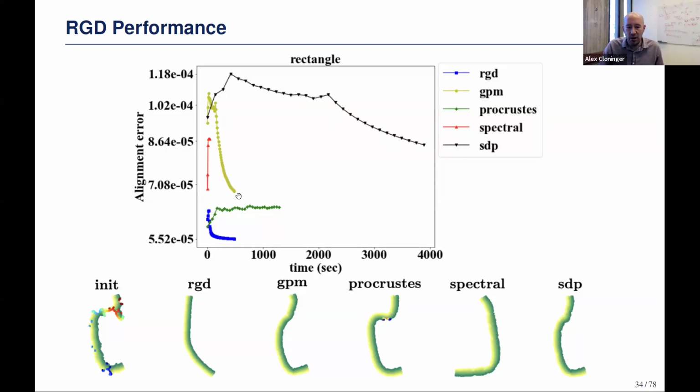Global pursuits goes fast, but it doesn't get you great alignment. Spectral initialization is great, but doesn't get you to the minimum. Pursuits actually gets worse over time. Riemannian gradient descent, boom, done. Initialize with spectral, run it, linear convergence to your global minimum. And if we look at the final alignment you're going to get, this is my initial alignment.